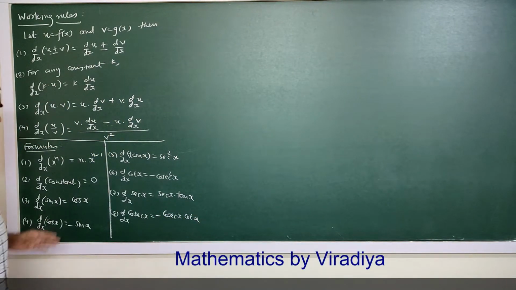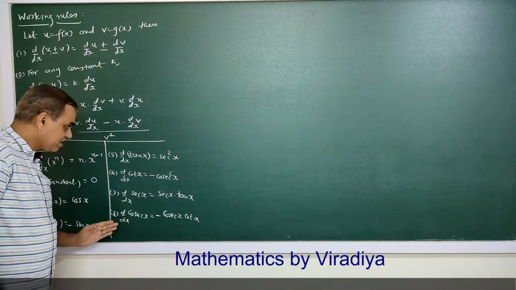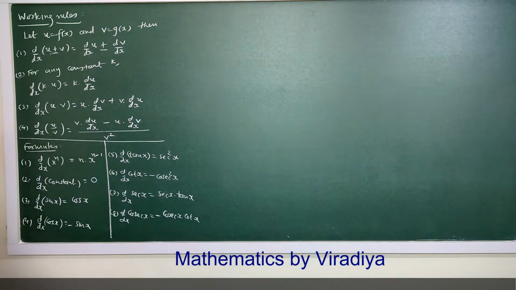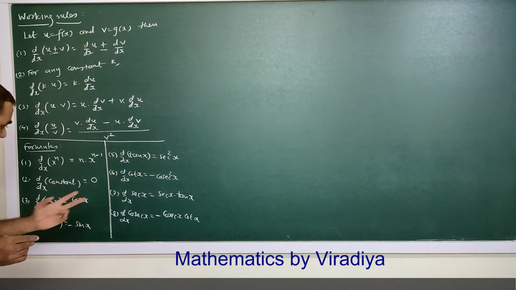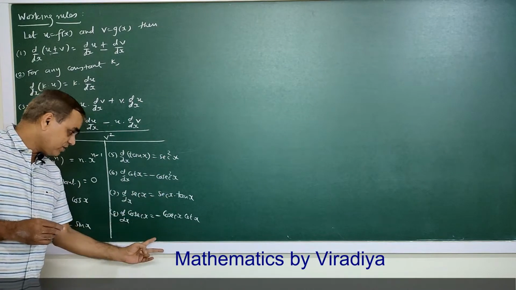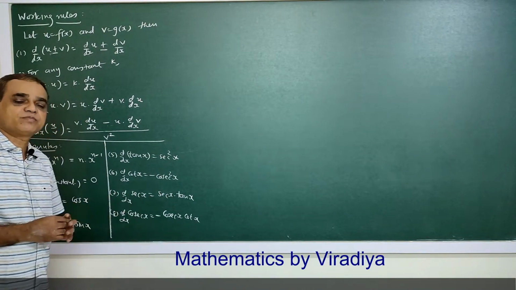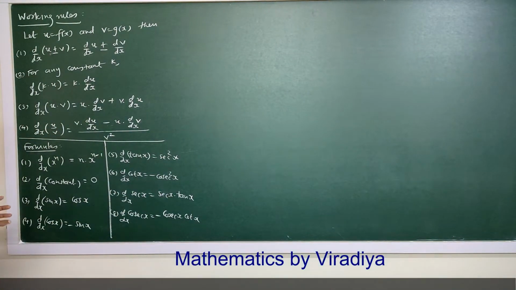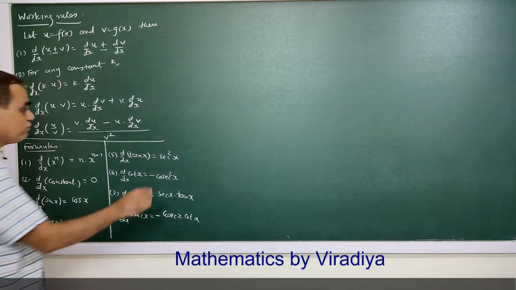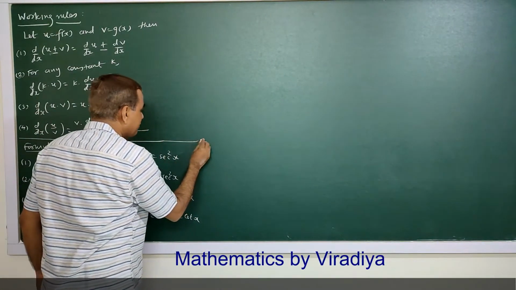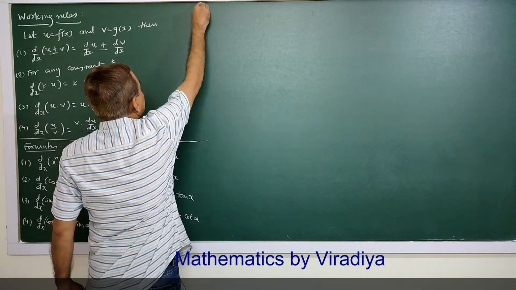See, derivatives of all these functions can be obtained using first principle. From first principle or definition, these derivatives can be derived. So now, using these derivatives and these working rules, we are going to find the derivative of given functions.